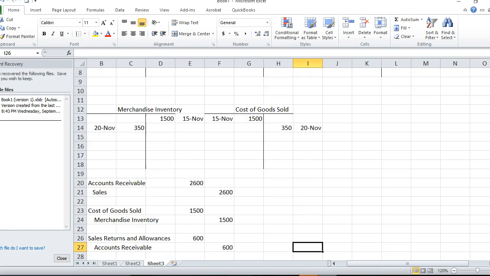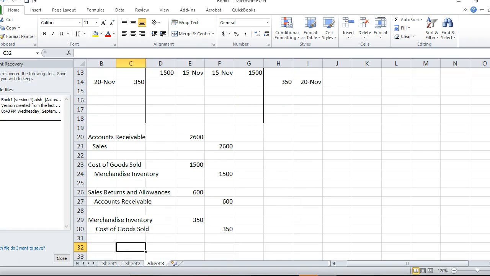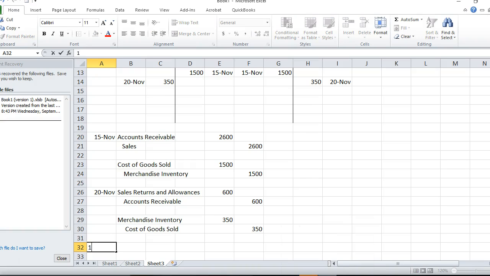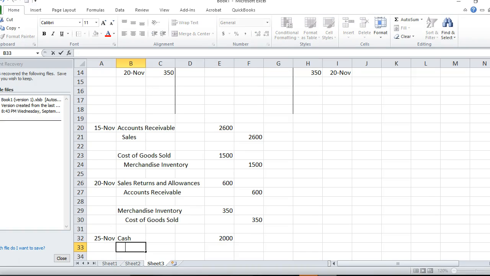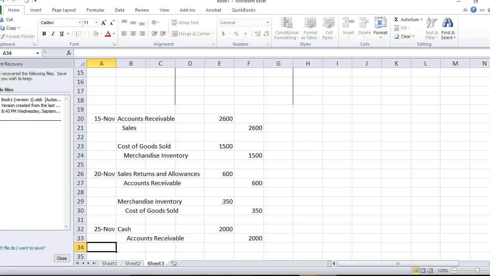So let's think of this journal entry. On November 25th, we received cash of $2,000. And does he owe us any more? No. Accounts receivable gets credited $2,000, doesn't it?